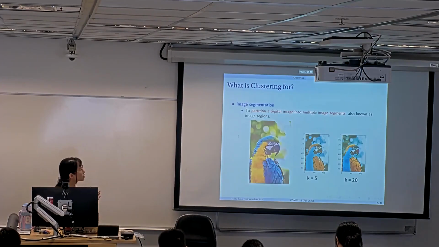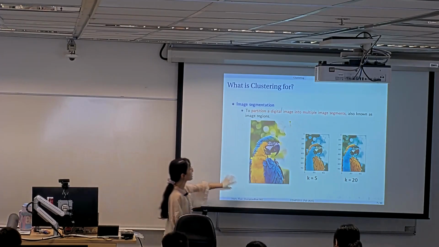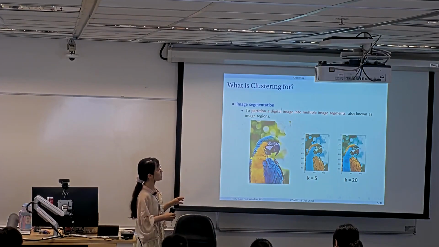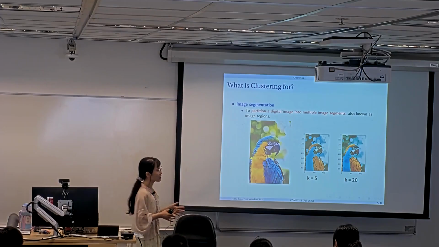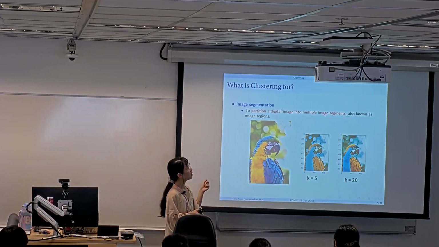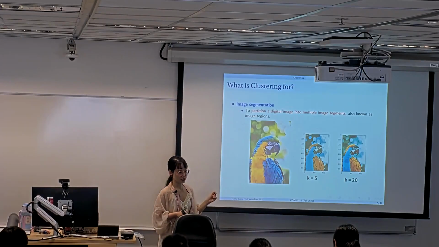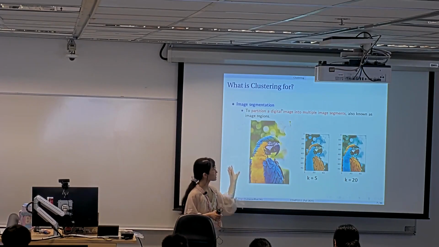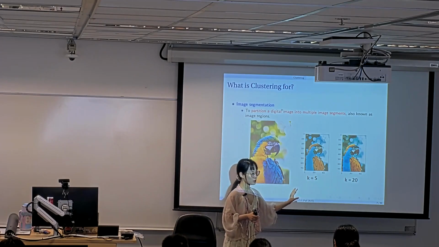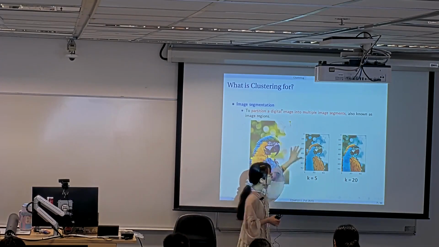The clustering can also be used to do image segmentation. So what is this? Suppose now we have an image like this, a digital image. Then the image segmentation is we try to partition such digital image into multiple image segments, also known as the image regions. For example, for this image, if we let the number of clusters be 5, we will have the image segmentation results like this.